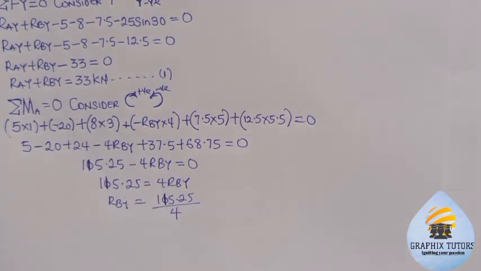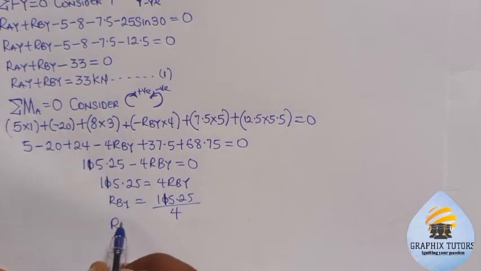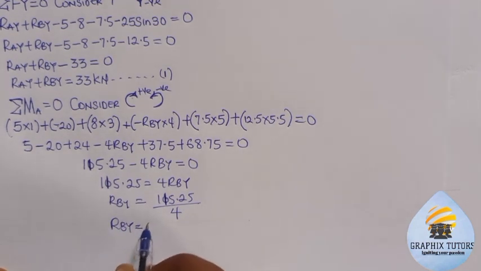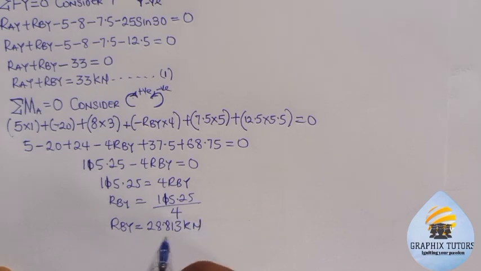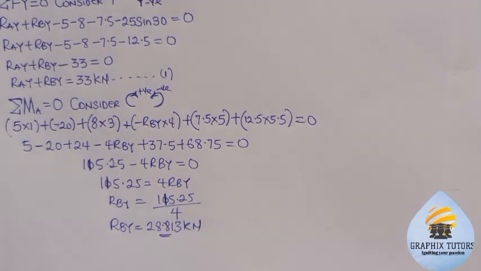So from here, if we divide that by 4, that will give us 28.813. So my RBY will now give us 28.813 kilonewton. That is the reaction at BY.